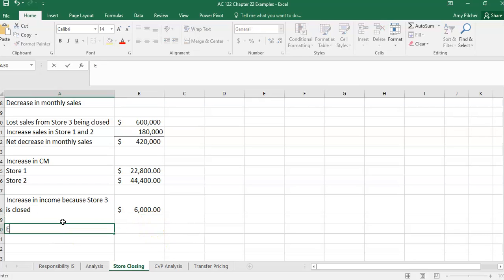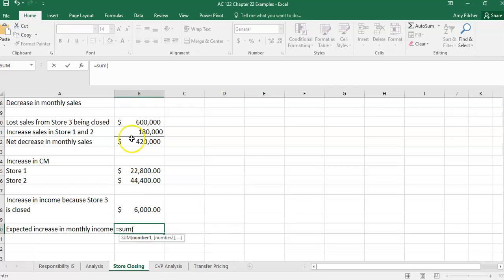So our expected increase is the sum of our increase in contribution margins for store 1 and store 2 and our increase in total income because store 3 is no longer operating at a loss.